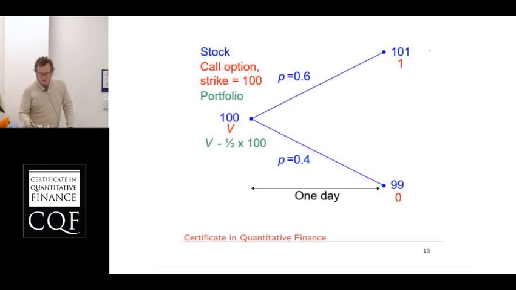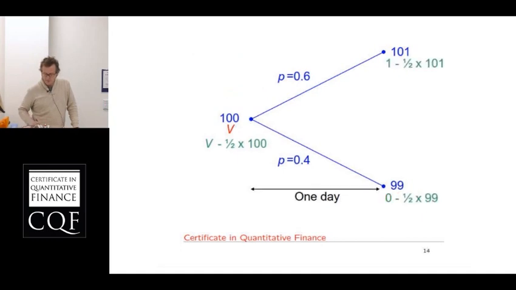The stock can go up to 101 or go down to 99. At the same time, the option part of the portfolio goes up to 1 or down to 0. So let's look at what happens.